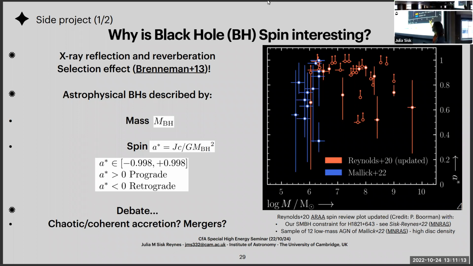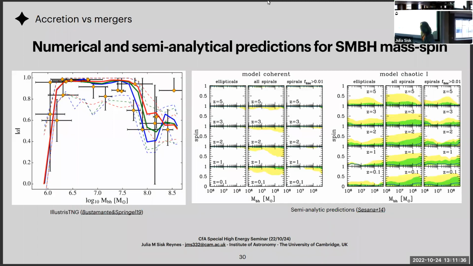This is important because the spin constraints may tell us about the growth history of these black holes as a function of mass. So whether they grow following coherent or incoherent accretion events, and/or supermassive black hole mergers. This is something that has been tested with hydrodynamical simulations of structure formation more recently, and also semi-analytical predictions and numerical models.